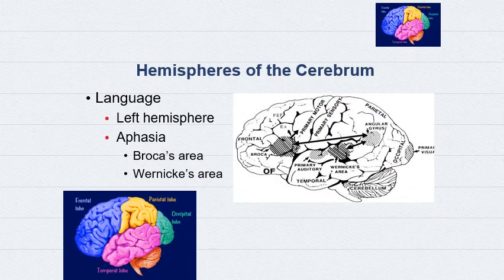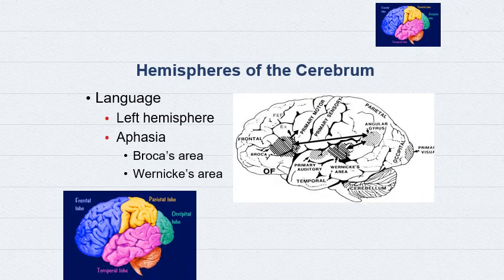It could be from stroke, head injury, or infection. The areas that may be affected are the Broca's area and the Wernicke's area. Broca's area is a brain center associated with motor control of our speech, on the left side of our frontal lobe.